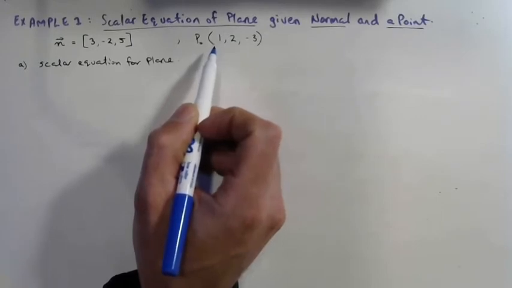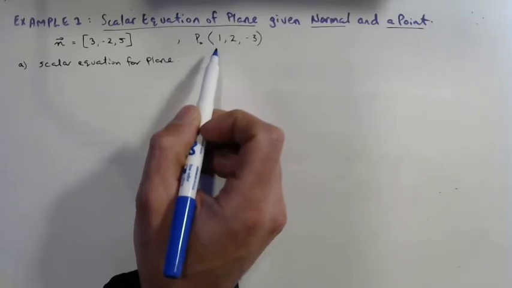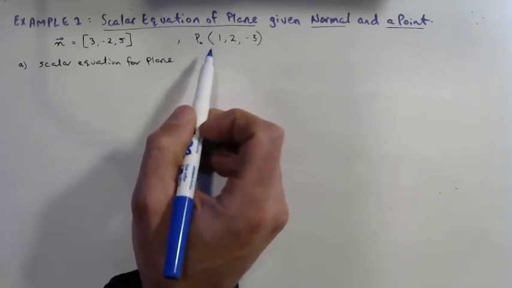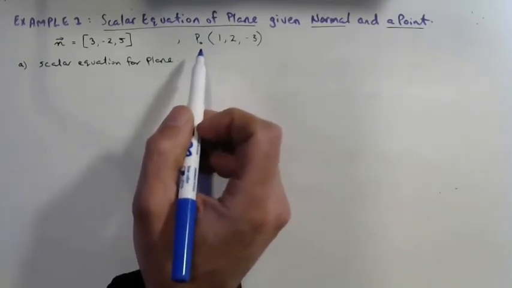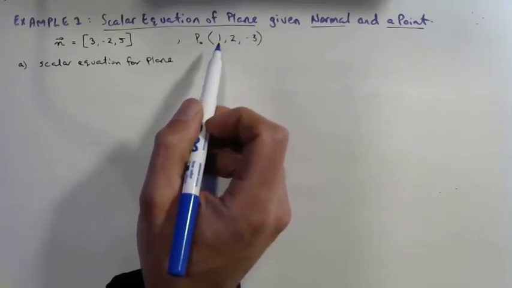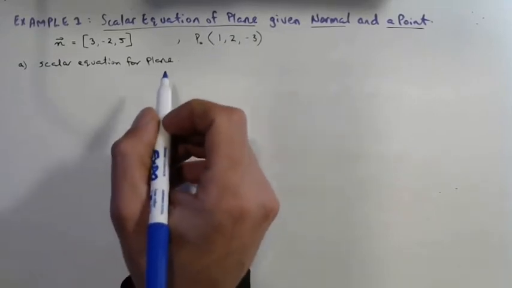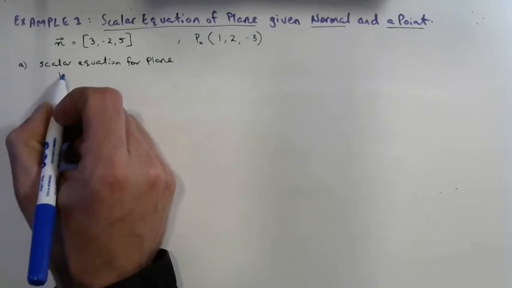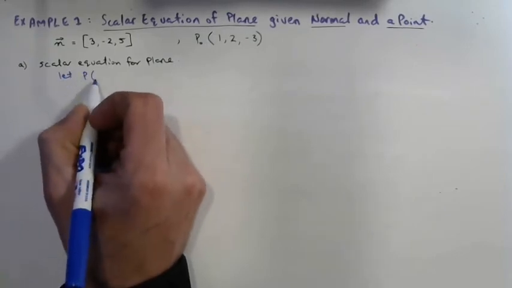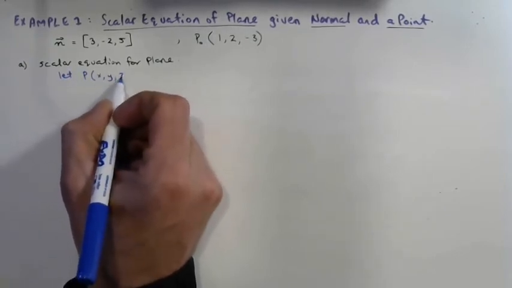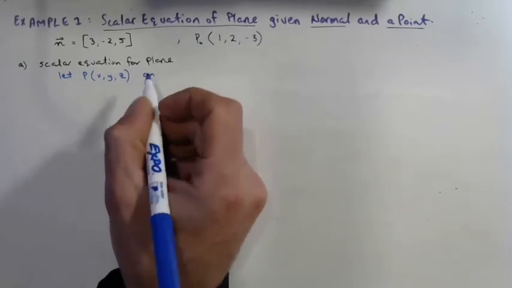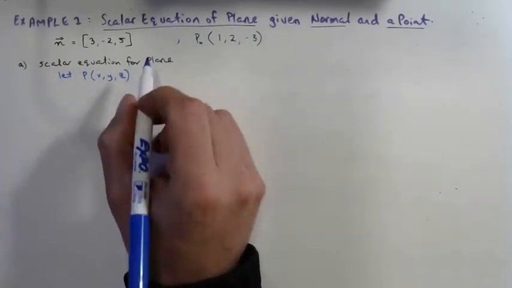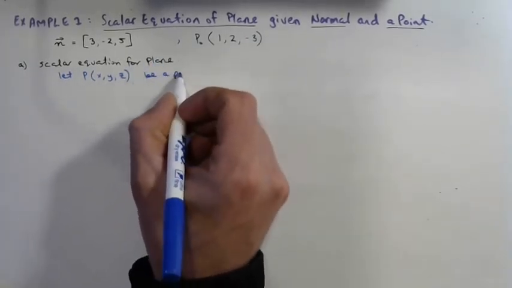We're going to allow there to be another point on the plane, and that's going to give us a vector that is parallel to the plane from this same point, therefore on the plane. So here's what we're going to do. We're going to let P be the point x, y, z on the plane.